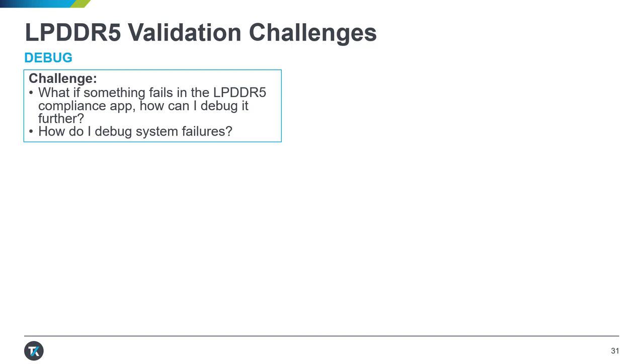As I mentioned earlier, debug will become a big part of LP5 validation. The challenge that most folks face is how do I debug system failures? Or what do I do if something fails in the compliance app? How do I debug it further? We at Tektronix realize that there is no one way to test a memory subsystem.